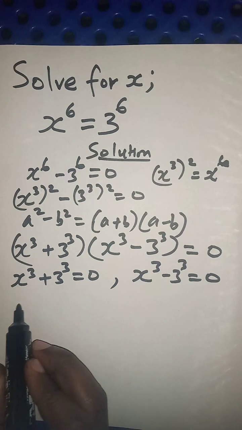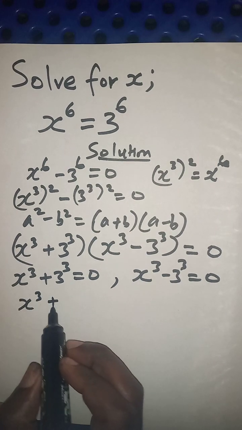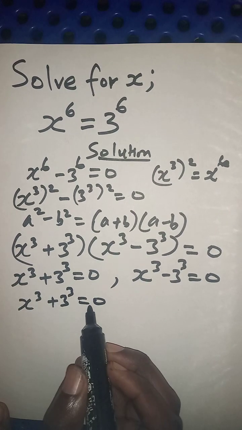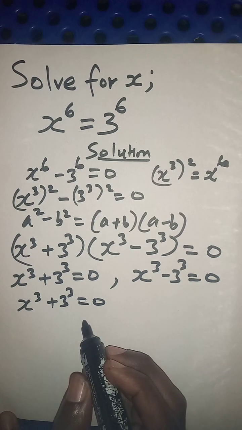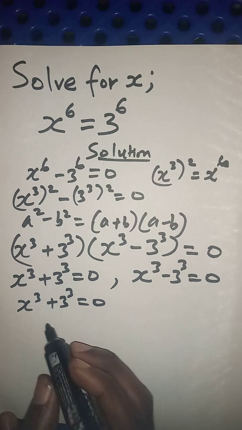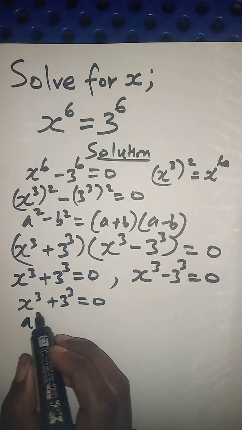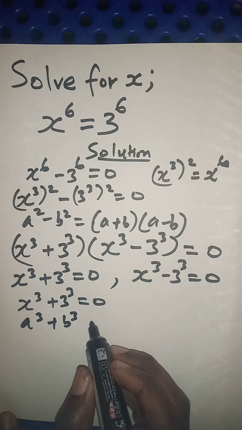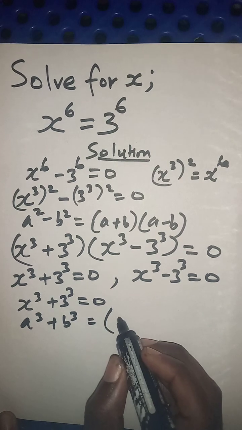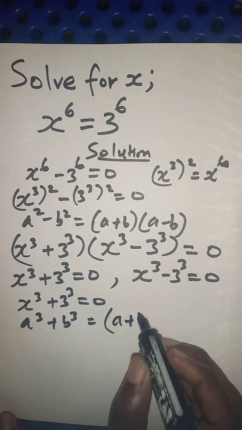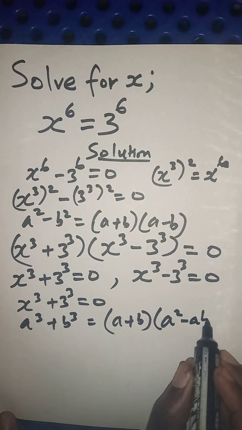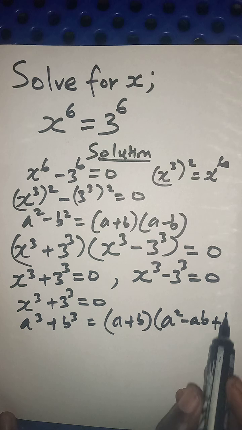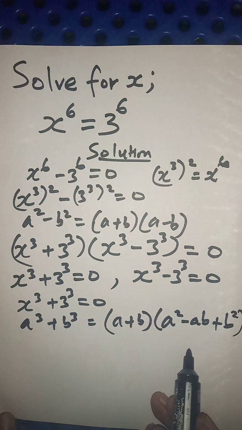If I have x cubed plus 3 cubed equal to 0, then this obeys the expansion of a cubed plus b cubed. This can be expanded as a plus b in bracket a squared minus ab plus of course b squared.